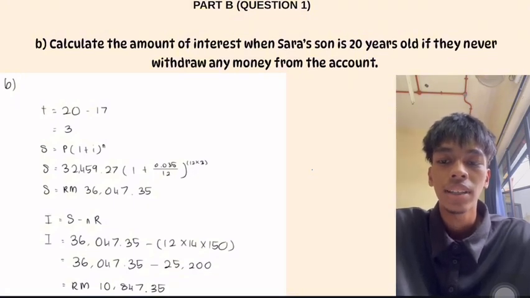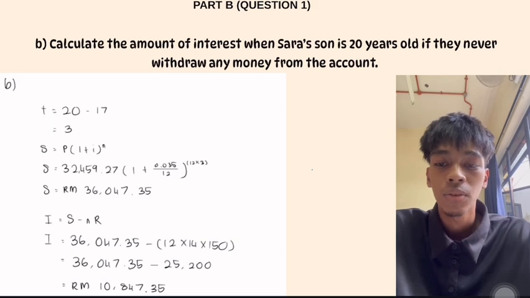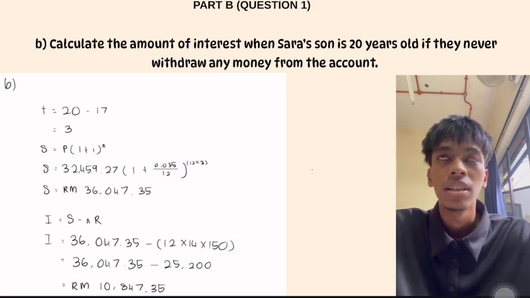After calculating, we get S is RM36,047.35. So the amount at age 20 is RM36,047.35.